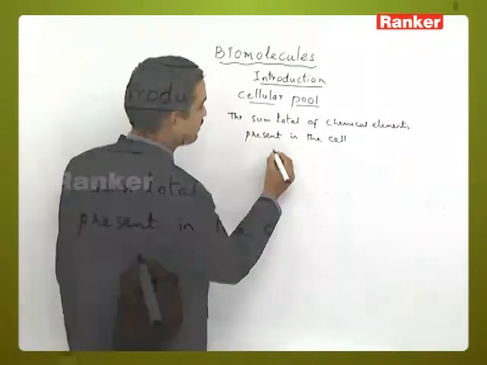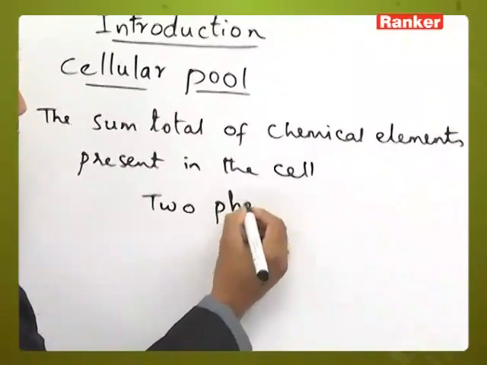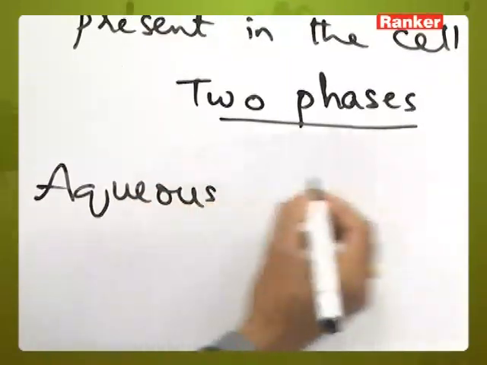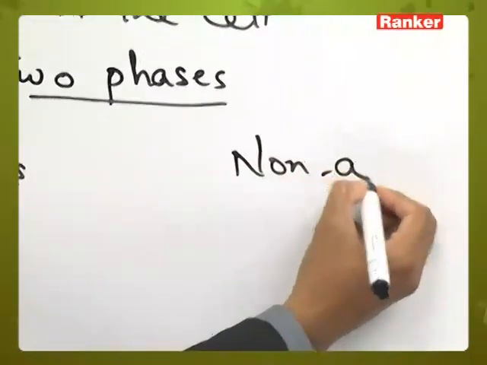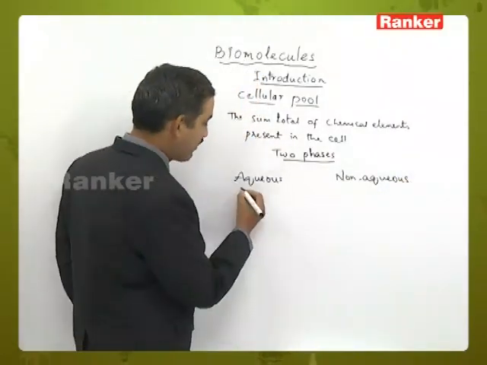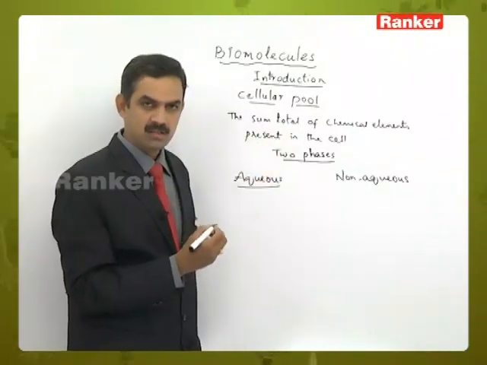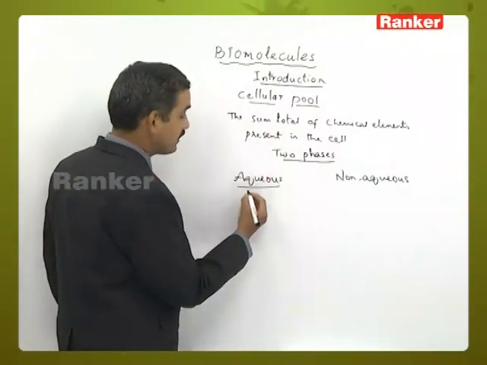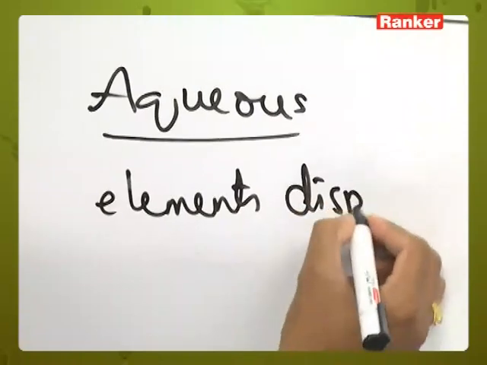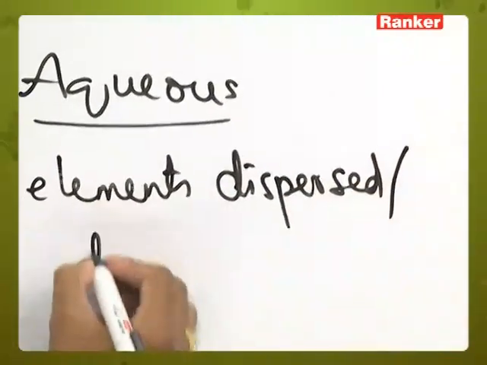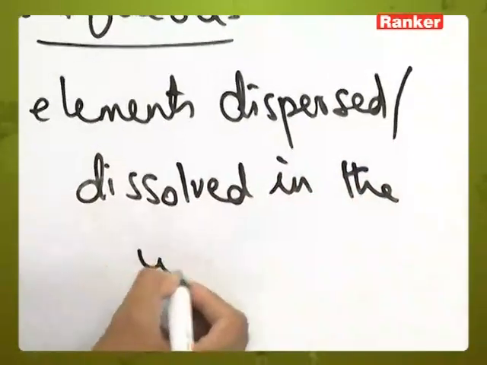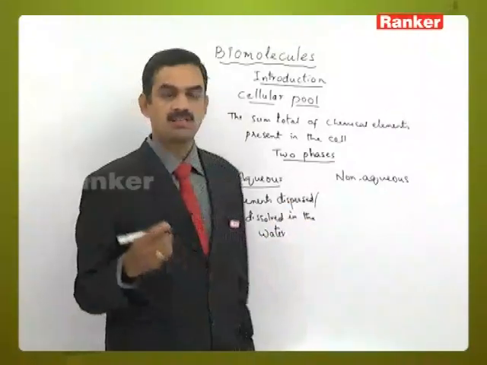This cellular pool will exist in two states or two phases. One is called the aqueous state and the other is called the non-aqueous state, or the aqueous phase and the non-aqueous phase. Aqueous phase means the chemicals, the ions, the elements which are present are dispersed or some may be dissolved in the water content or the liquid content.